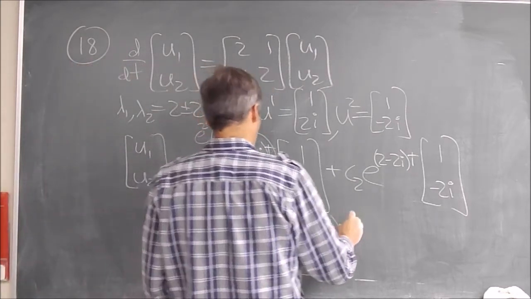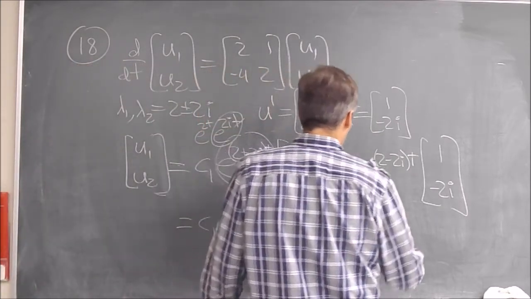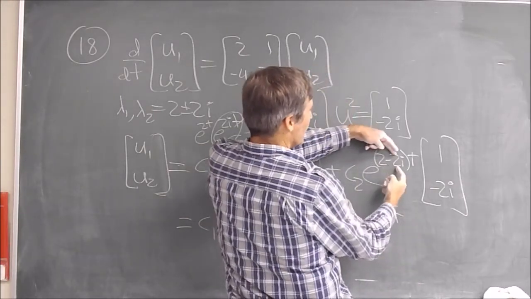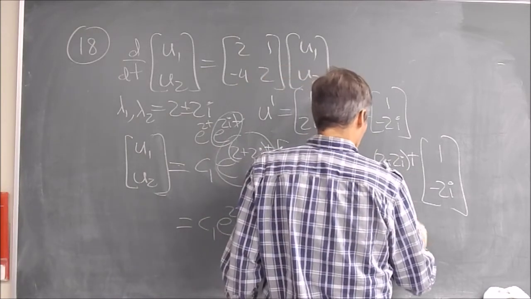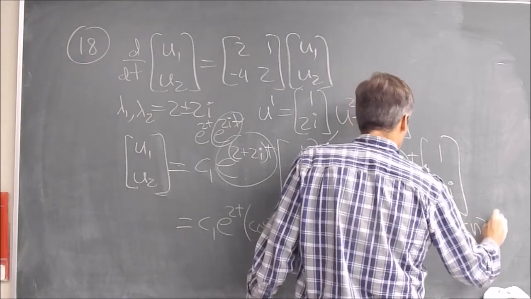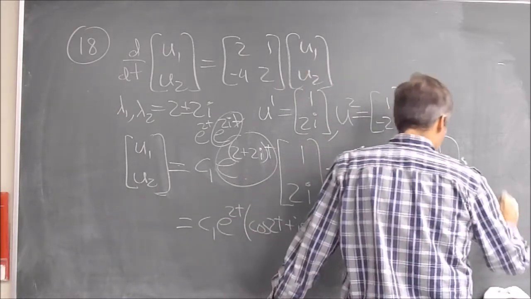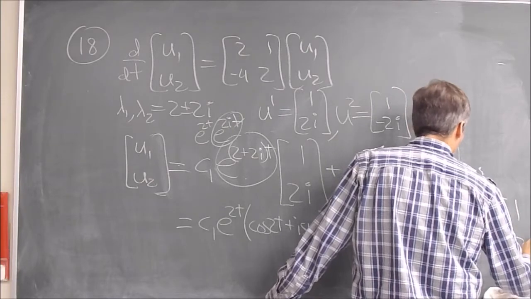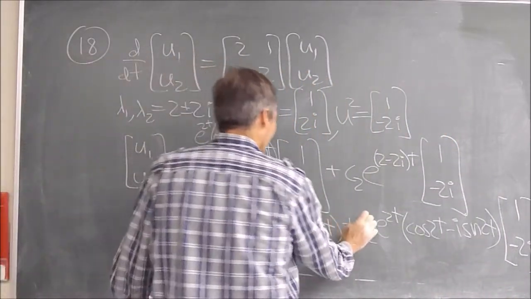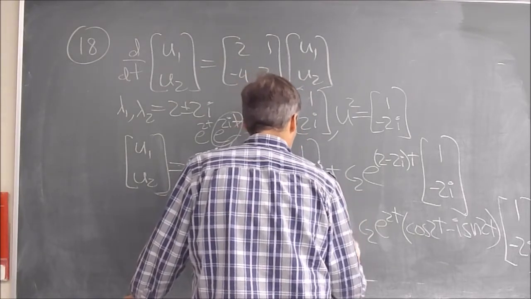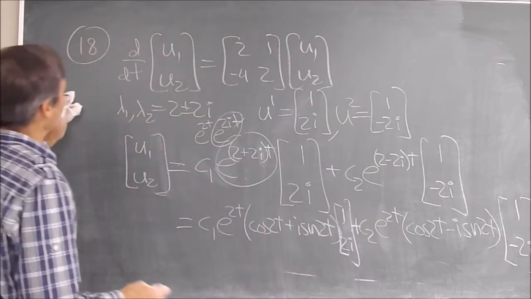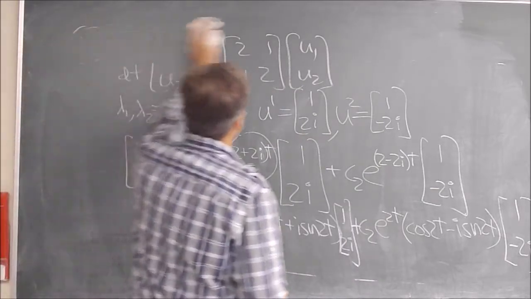Similarly over here we have c2 multiplying e to the 2t for this part, and then e to the minus 2it is cosine 2t minus i sine 2t. And then that multiplies this eigenvector, 1 minus 2i. I forgot to put the vector here, 1 plus 2i, plus this. There's all complex valued functions that satisfy the differential equation.